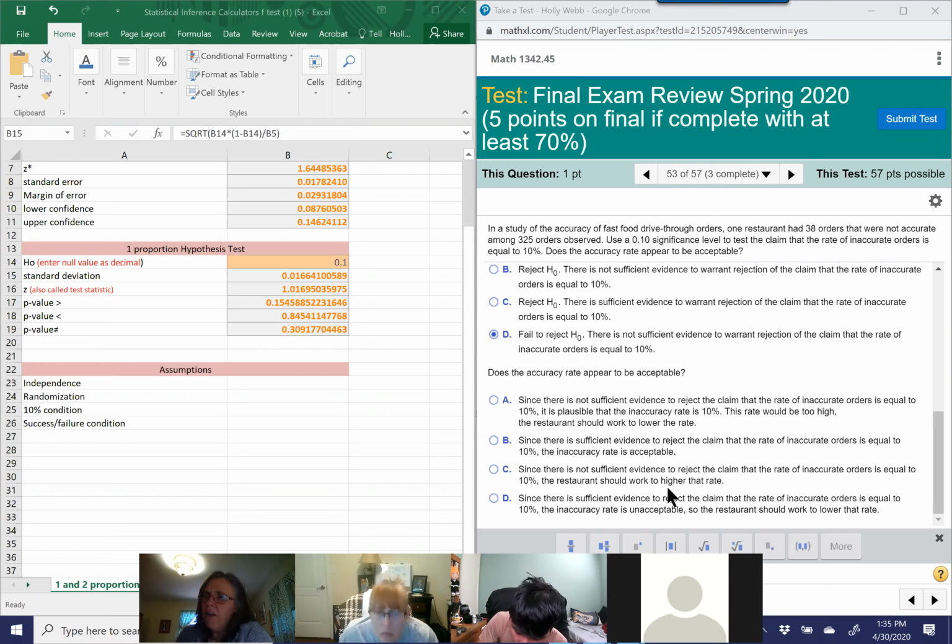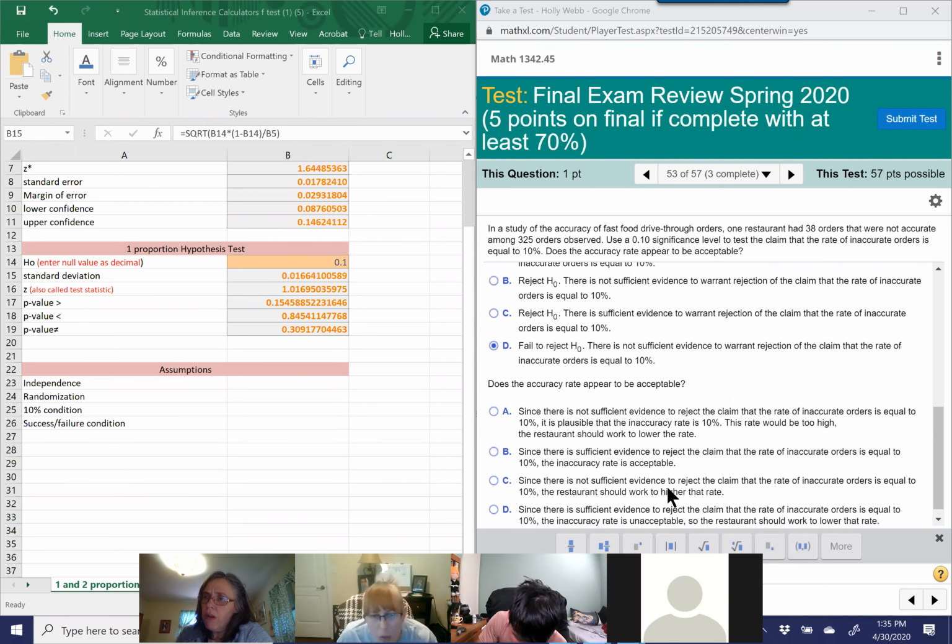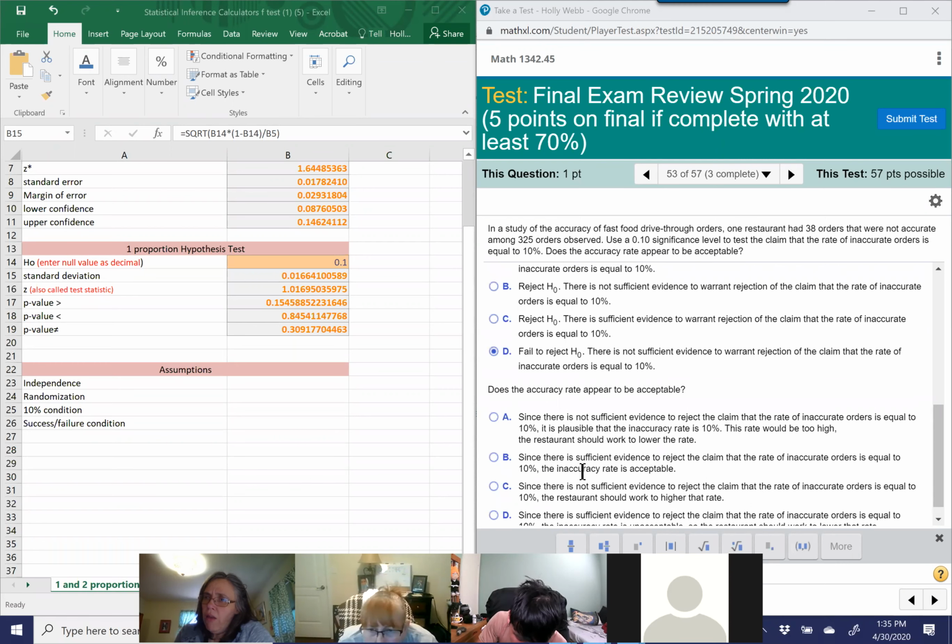To make the rate higher? That's weird. No. The answer is: since there is not sufficient evidence to reject the claim that the rate of inaccurate orders is equal to 10%, it is plausible that it does have an inaccuracy rate of 10%. This rate is too high. The restaurant needs to lower the rate.